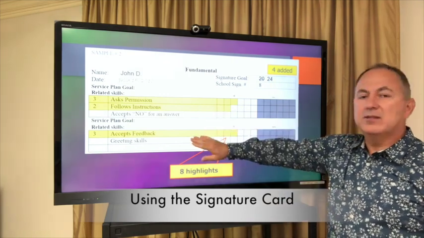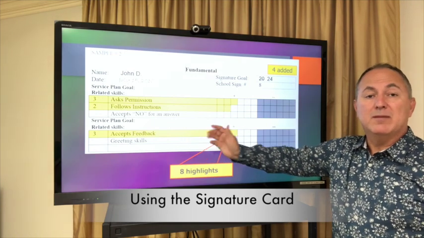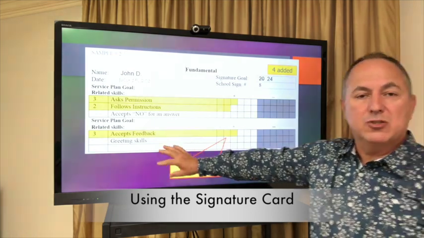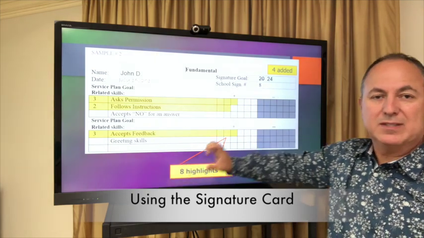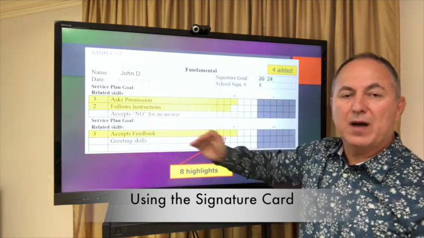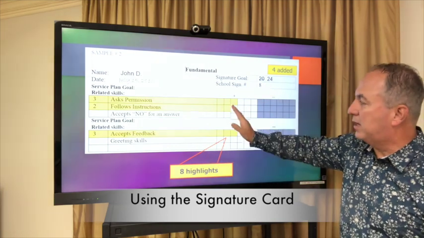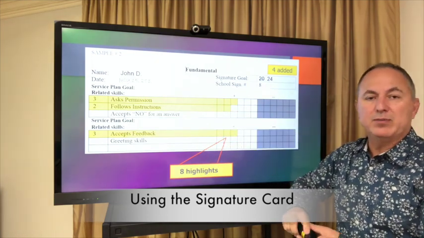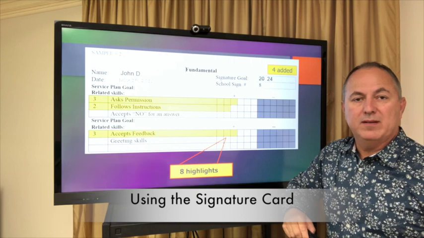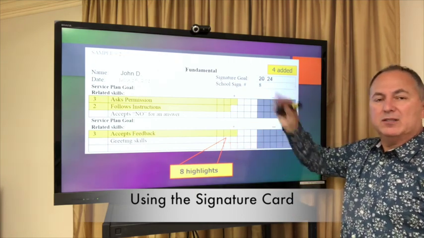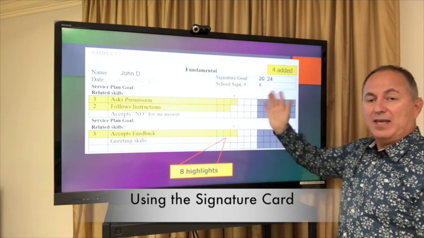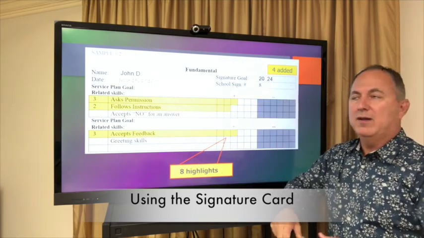These highlighted skills are determined by the areas he struggled with the day before, where he was earning corrective signatures. That's what helps us decide which 2 or 3 skills we want to put the highlights towards. This ideally will help keep John motivated, even though he knows he doesn't have privileges starting out this day because he didn't hit his goal before.